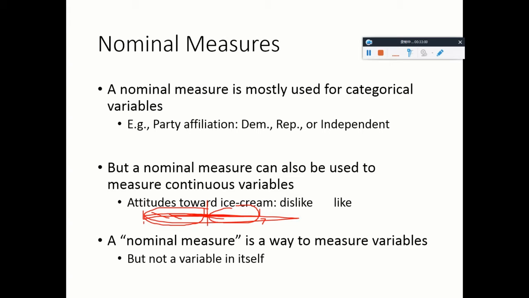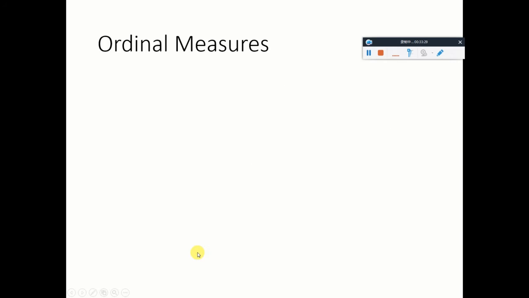So let me repeat. A nominal measure is a process, an activity, in which we measure something, and a variable is the object of measurement. It's something that we're going to measure. Okay, so bear in mind this distinction, a very important distinction indeed.